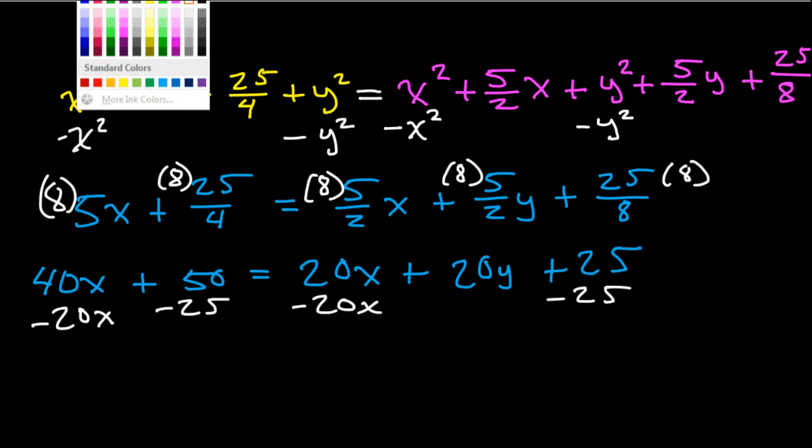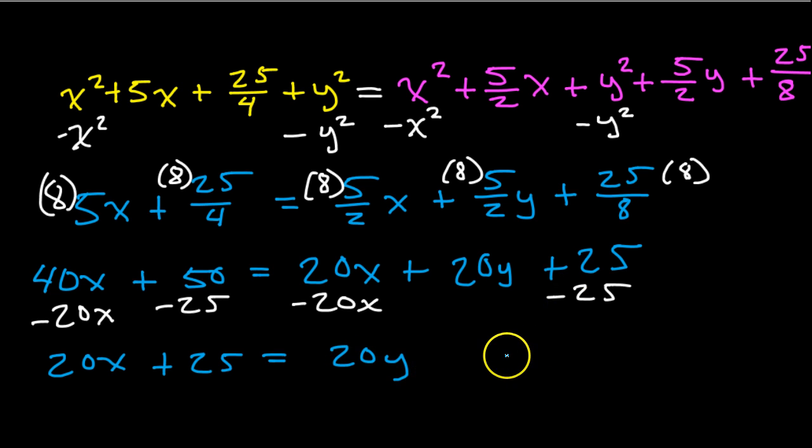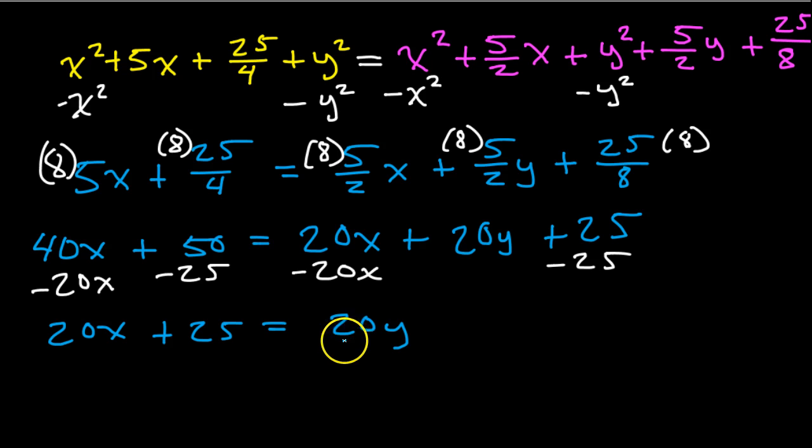So that's going to leave me with 20x plus 25 is equal to 20y. Alright, so I'm close to having y by itself. I will just divide everything by 20.